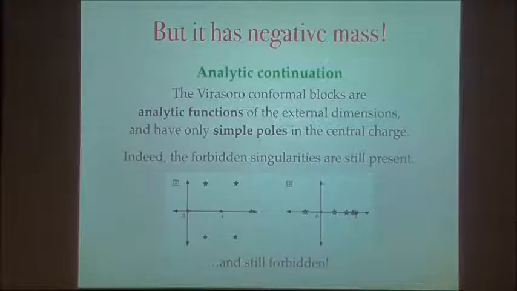For example, when we take this heavy state to be O21, it's a very simple heavy state, we only have one forbidden singularity that sits at 2. These other ones are not there for that particular case. So we can try to study what happens around that forbidden singularity. And then I will show you evidence that what we find is actually universal.